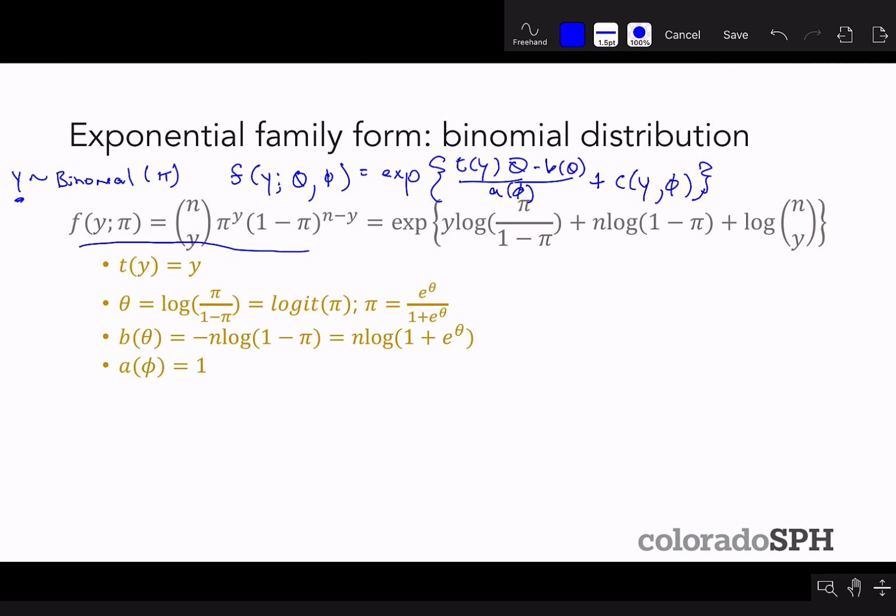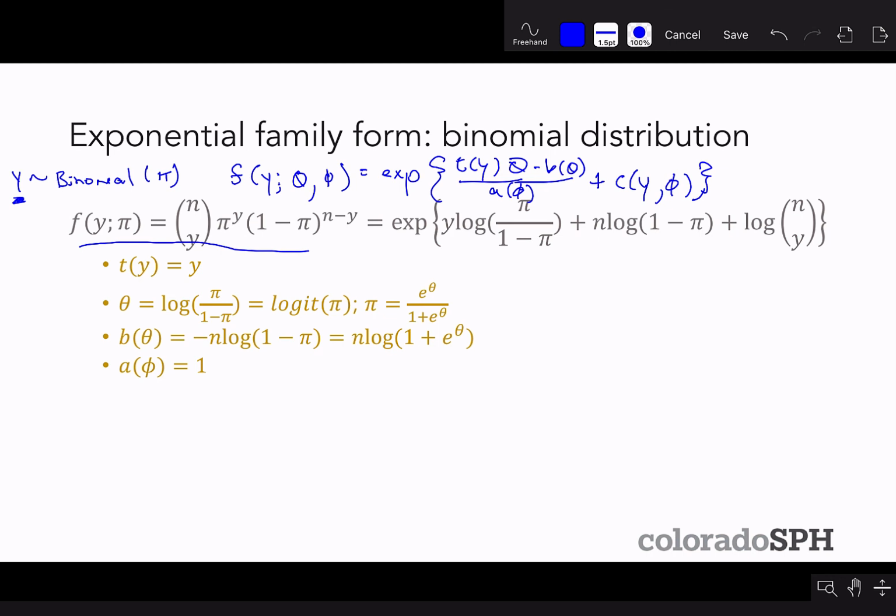So first, I just want to talk a little bit about what a binomial random variable means. If you say y has a binomial distribution, that means that y is the number of times a specific outcome occurs within n trials. So y takes on an integer value that is equal to or less than n. Often coin flips are used as an example.